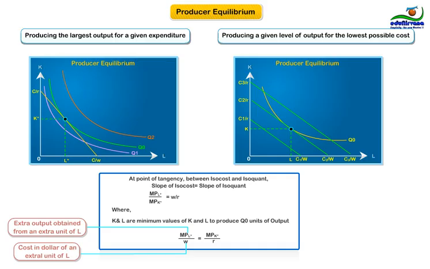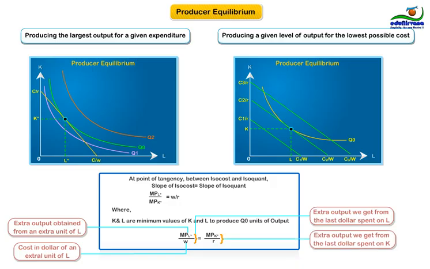W is the cost, in dollars, of an extra unit of L. The ratio MPL star divided by W is thus the extra output we get from the last dollar spent on L. Similarly, MPK star divided by R is the extra output we get from the last dollar spent on K. In words, the equation tells us that when costs are at a minimum, the extra output we get from the last dollar spent on an input must be the same for all inputs.